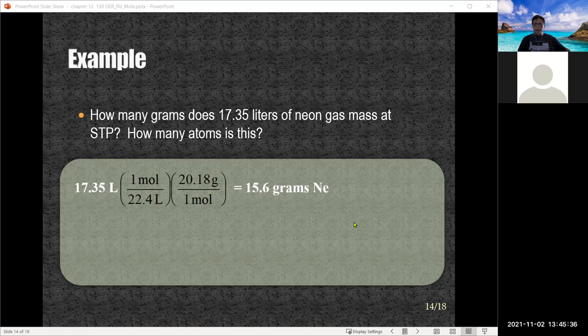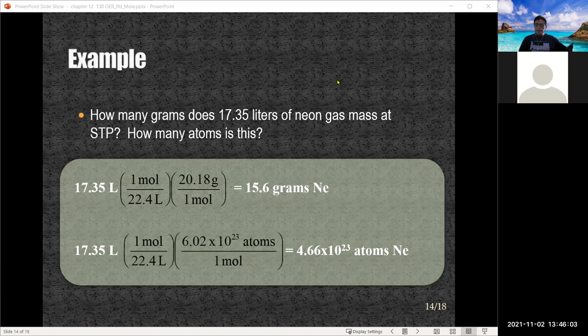Once we know that, the next question is this: well, how many atoms does this represent? So here we go again. We start off with 17.35 liters, and then this time we put units, in this case, units of atoms. And again, the answer is there. So that means that I'm looking for atoms. That means that I need to use Avogadro's number someplace, right? So step number 1, I need to convert the first set right here to moles.